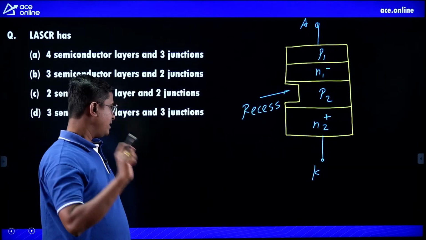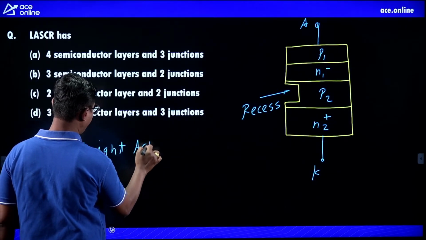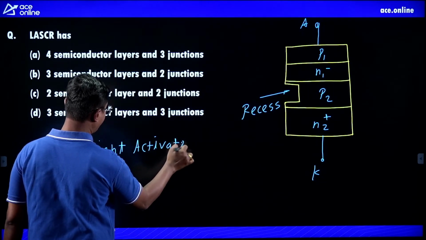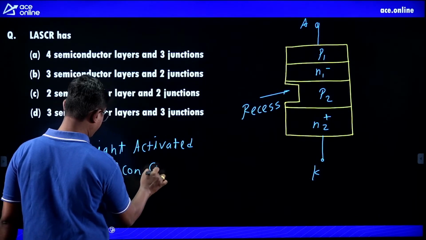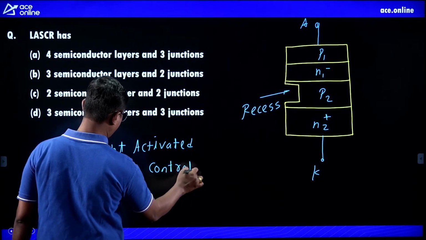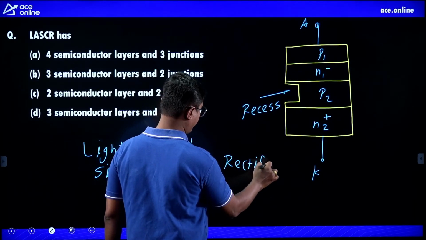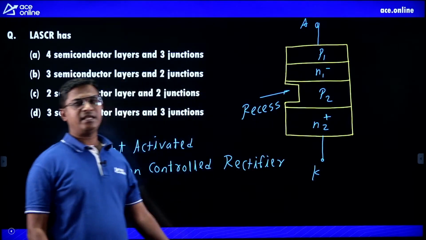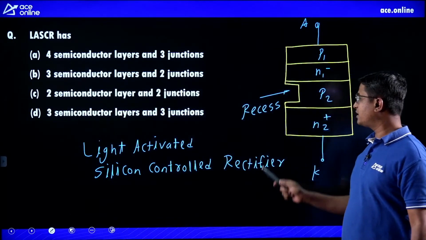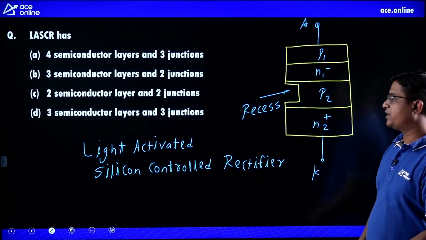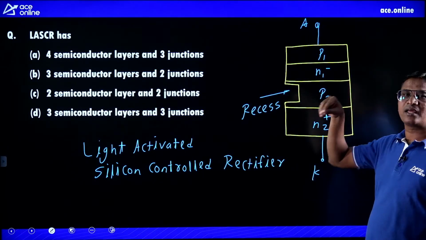LASR stands for light activated silicon controlled rectifier. In LASR the gate terminal is absent, but instead of the gate terminal generally a recess is provided here. It means when you strike a beam of light here, then this device will start conduction.